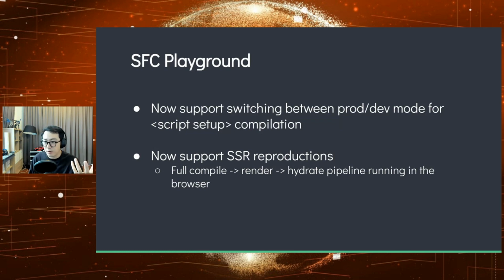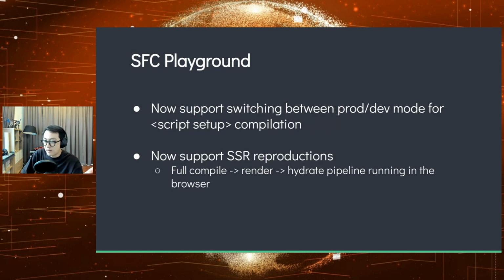The first category is the behavior inconsistency for script setup between production and development mode. We've seen quite a few bugs in this category in the past, and most of them could not be reproduced in the SFC playground because the SFC playground was production by default. So we added a toggle so that you can switch between prod and dev mode, and actually show us the behavior inconsistency in the case that it happens.